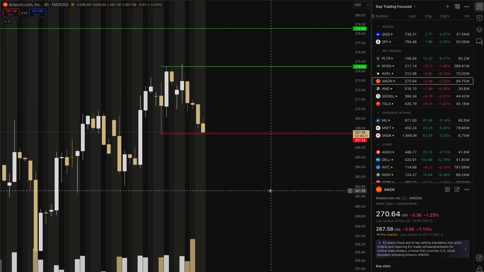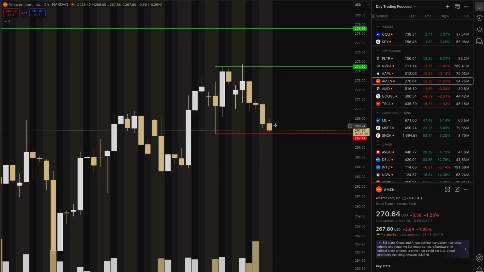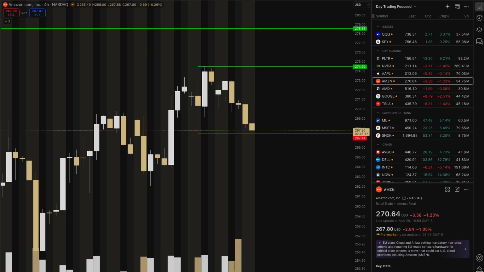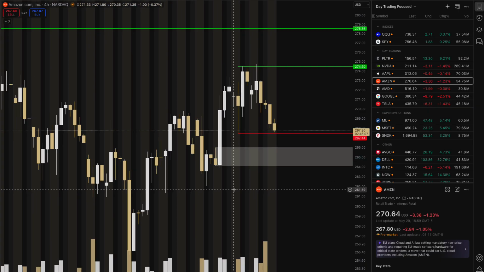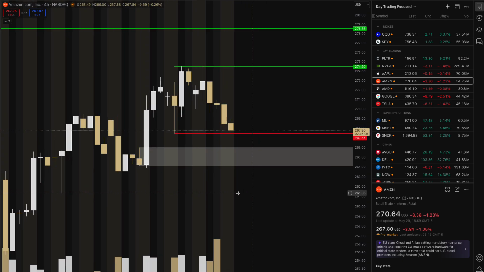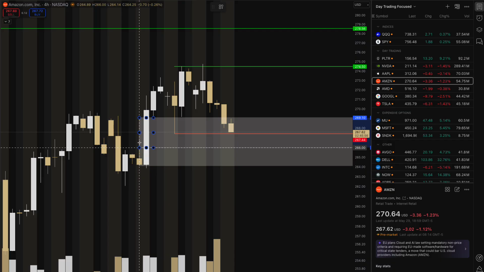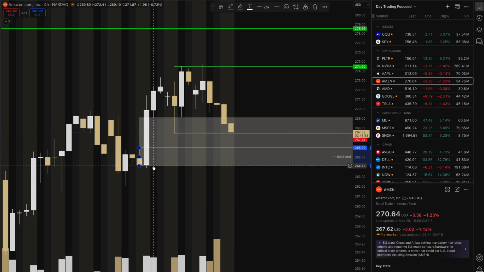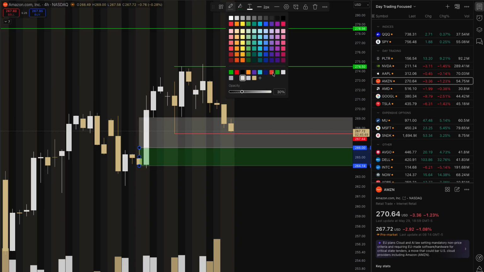So how can we determine where the price can go? Right now it's in the pre-market, near the previous day low. What I'm looking at is this zone from where the buyers stepped in aggressively. We also left a fair value gap here. Let me mark the support zone and change the color to green.